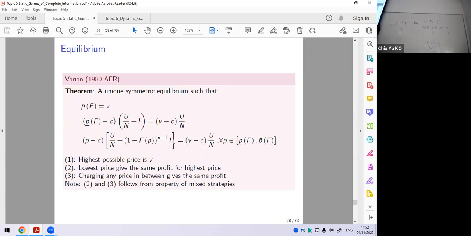This is a very interesting result because it explains why firms are not charging a fixed price over time.